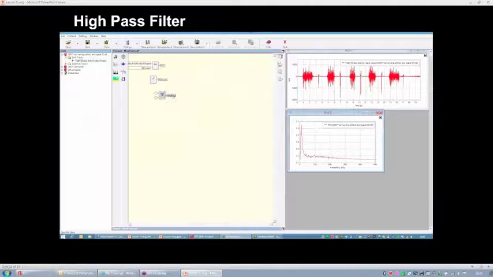The first thing that you have to do is to define the cutoff frequency, so you have to define a fixed input. I'm going to choose 30 Hertz, for example.